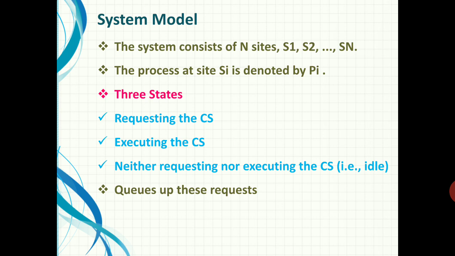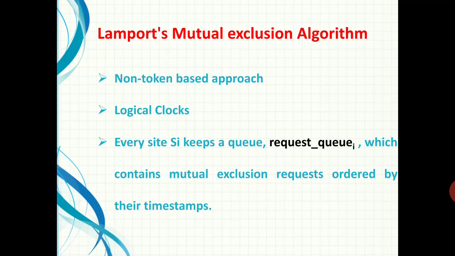Now we are going to discuss one of the distributed mutual exclusion algorithms, Lamport's mutual exclusion algorithm. It comes under the non-token-based approach and is based on Lamport's logical clock.